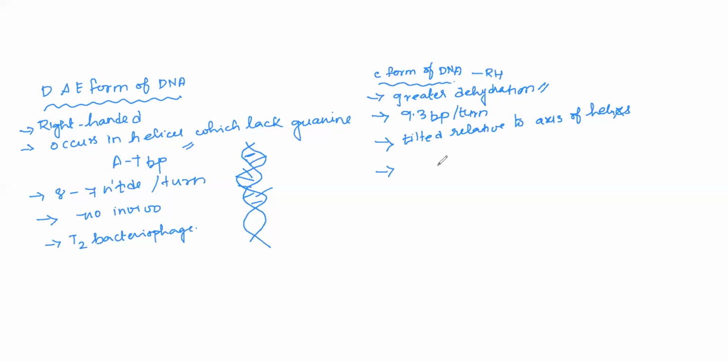The helix is only 19 Angstrom in diameter, and because it has just 19 Angstrom, it should be narrow and less compact than A DNA and B DNA.